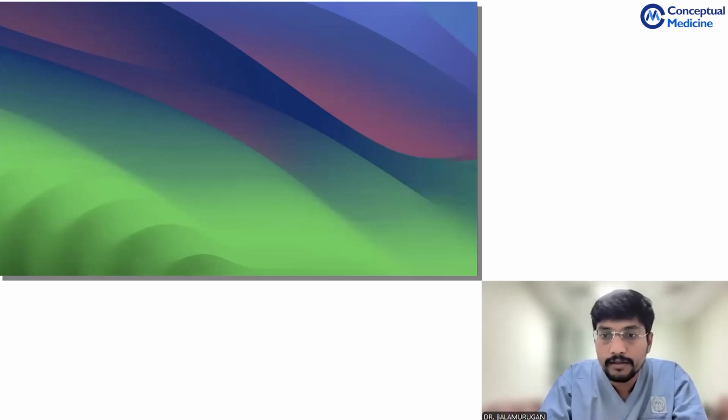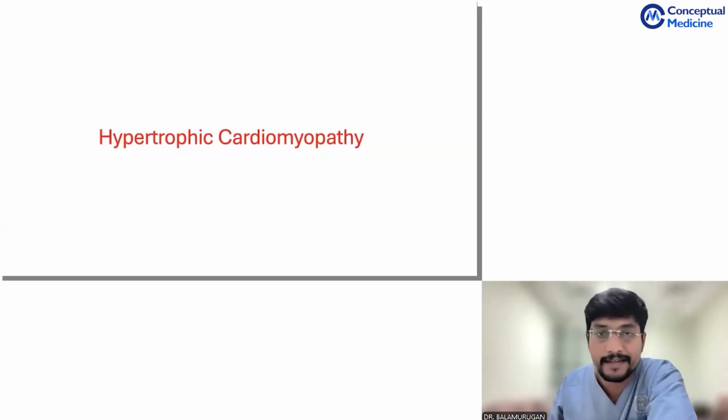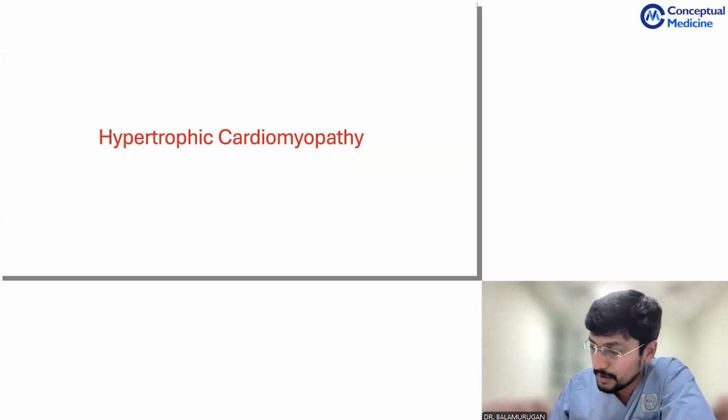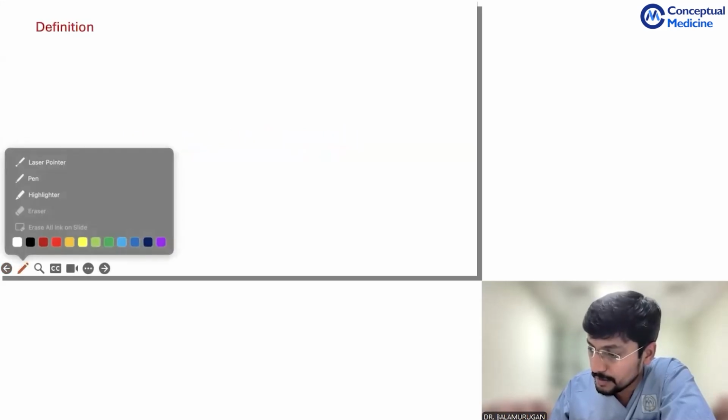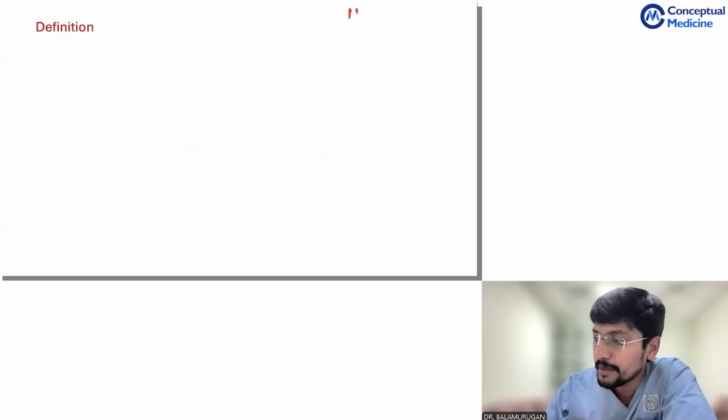So, hypertrophic cardiomyopathy, that's a new term that is given for this disease. Earlier when we were undergrads, we used to call this hypertrophic obstructive cardiomyopathy invariably.